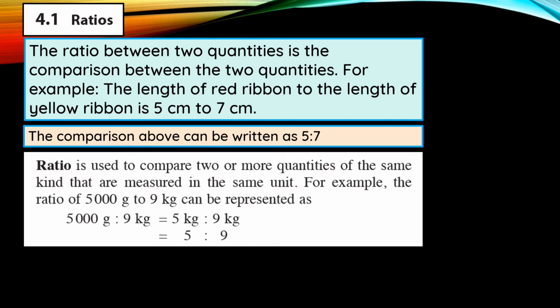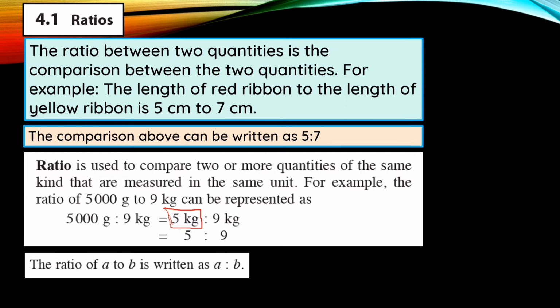The first unit is gram, 5,000 gram. After that, it is changed to kilogram. After both units are equal, then only we can come up with the ratio.